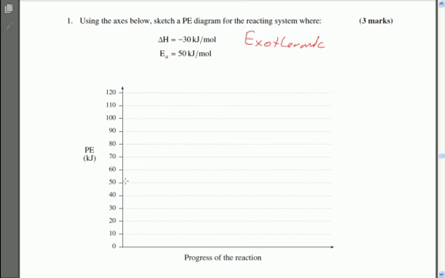So it doesn't tell us what potential energy our reactants start at, or where our products finish at. So you can just pick any number right here. So I'm going to pick the number 50 and draw a nice line for my reactants. And it says my EA is 50 kilojoules. So what I need to do is go up to 100 right here.